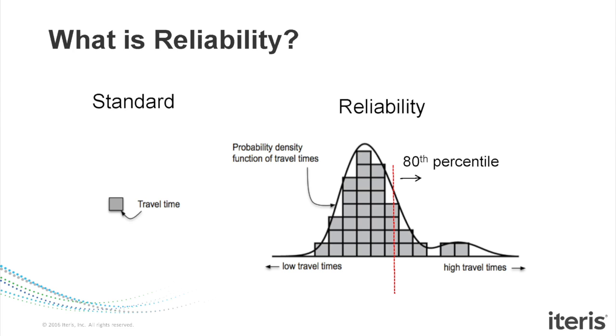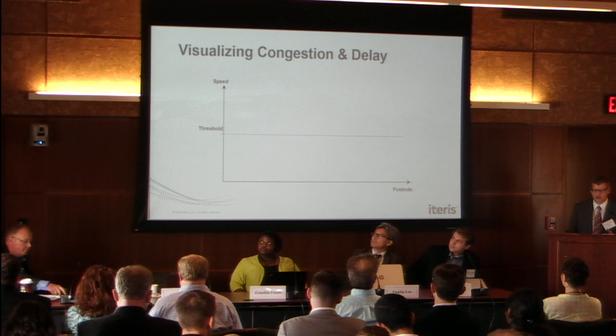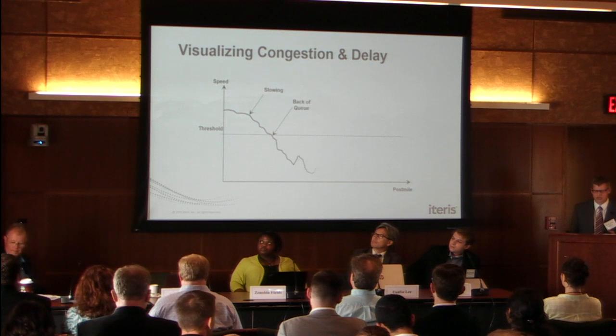Then you want to look at some specific portion of that measure: do you want to look at the worst case, the middle, or somewhere in between? Some of the system performance measures look at things like the 80th percentile to do measures called the level of travel time reliability, and I'll go into that a little bit in my next slides.